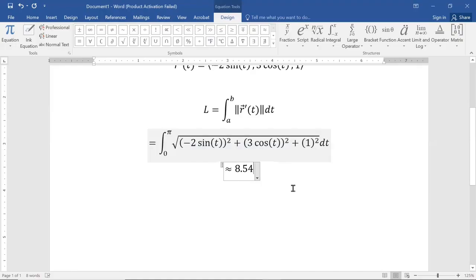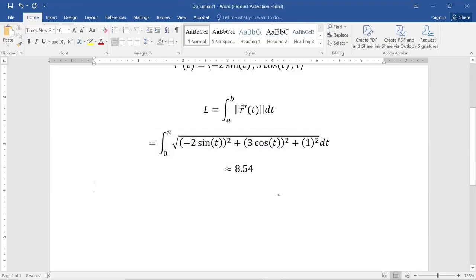If your calculator doesn't like the variable t, you can also use any other variable. If your calculator prefers the variable x, just replace the t with an x and do your calculations that way. But that's what we get. Our arc length is about 8.54. That is from 0 to pi.